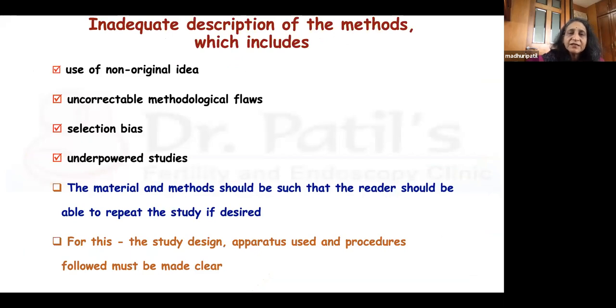So if the reviewer finds that the material and methods are such that any other person who wants to do a similar study can do so, then only he will go ahead and review that paper. So for study design, then what is a design?